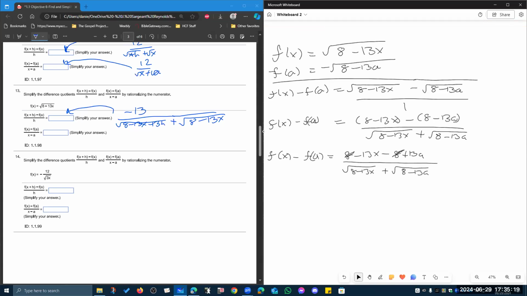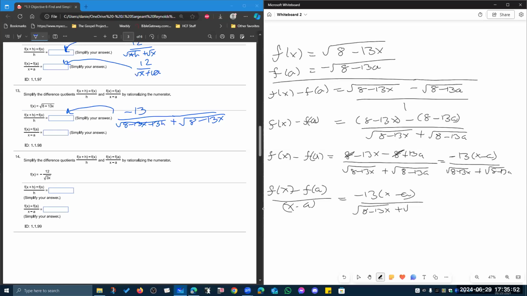We want to make an x minus a show up, so we're going to factor out that negative 13. So f of x minus f of a over x minus a is going to be negative 13 times x minus a over root 8 minus 13x plus root 8 minus 13a, times 1 over x minus a.